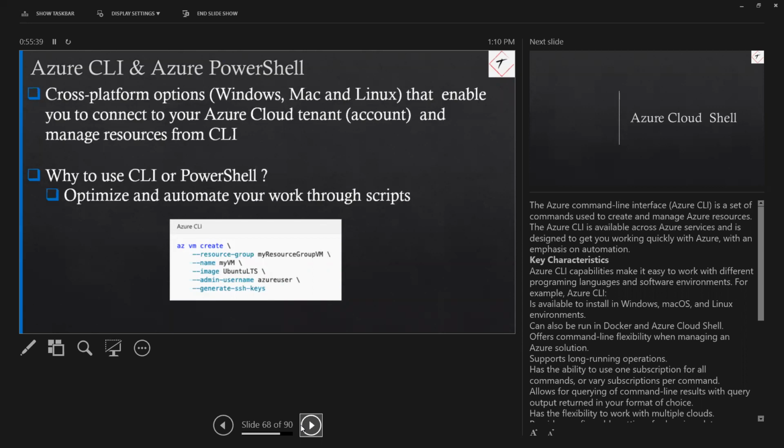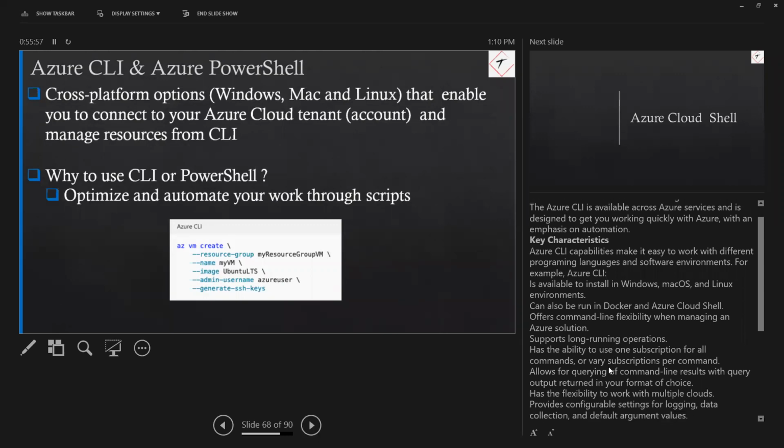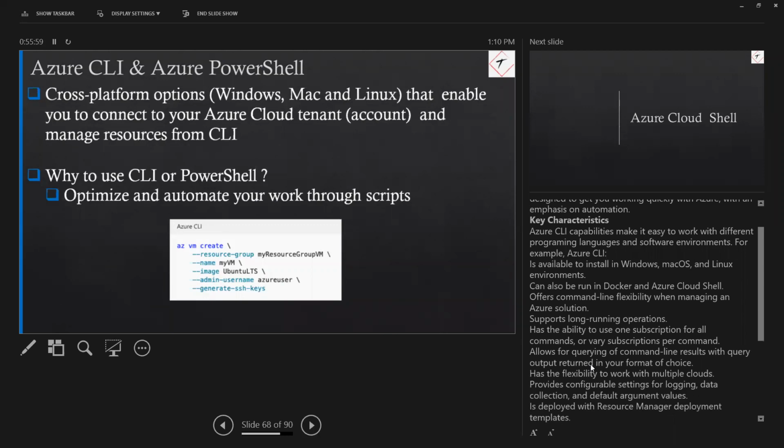You can install Azure CLI in Windows, Mac OS, and Linux environments. You can also run it in Docker and Azure Cloud Shell, which offers you flexibility when managing Azure solutions. It supports long running operations.